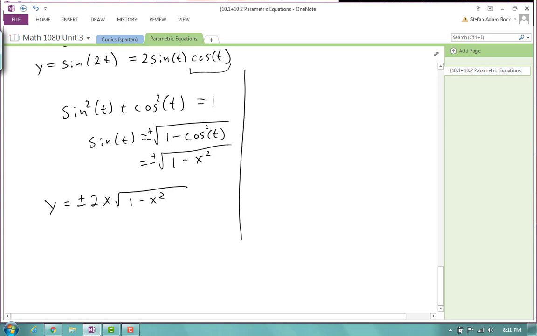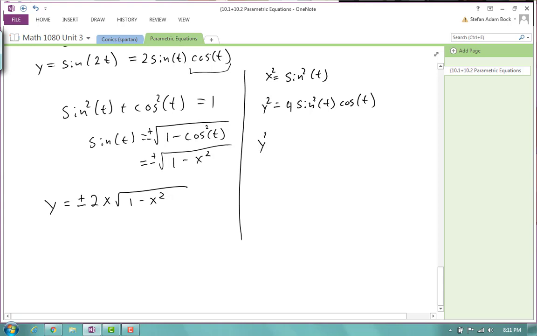Alternatively, if I was okay with some implicit looking functions, I could have said that x squared equals cosine squared of t, and y squared equals 4 sine squared of t cosine squared of t, which you'll notice I'm just going to end up with the square of what I had on the right.